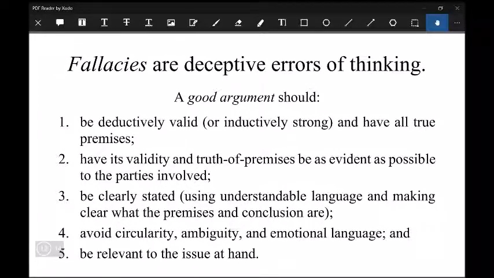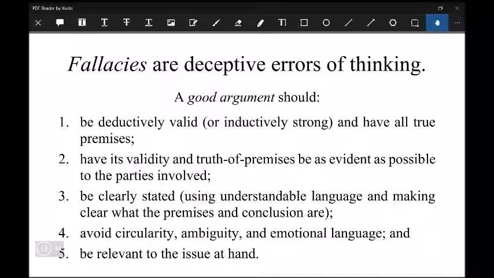Okay, now we shift to part 2 of this unit, which is about informal fallacies. What are these? These are deceptive errors of thinking. They're very common, and some of them are really very unsophisticated ways of thinking. They're pretty crude.